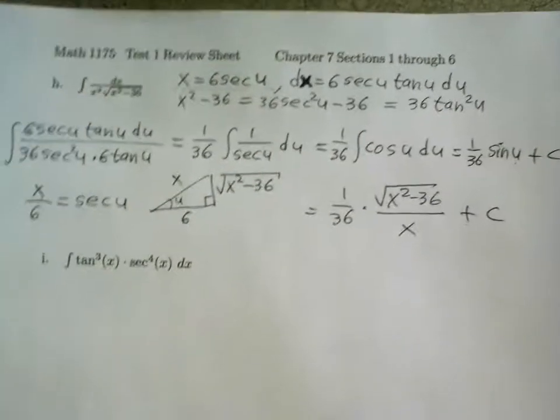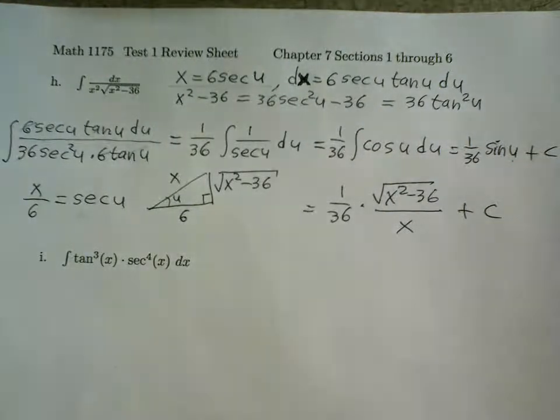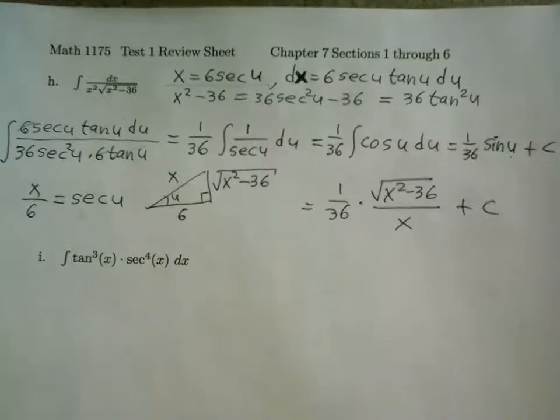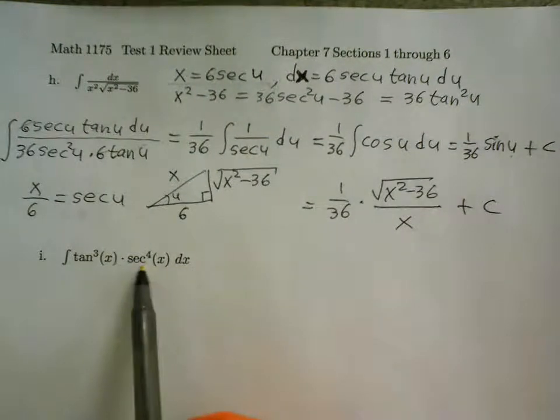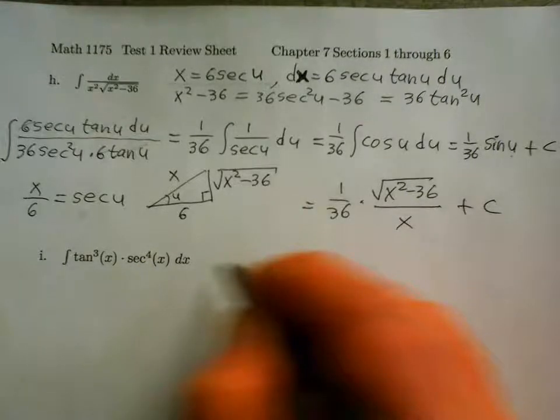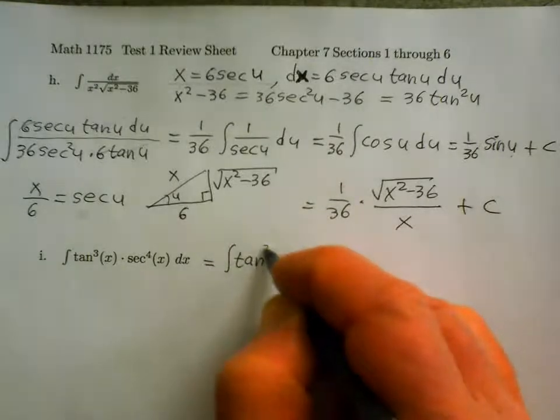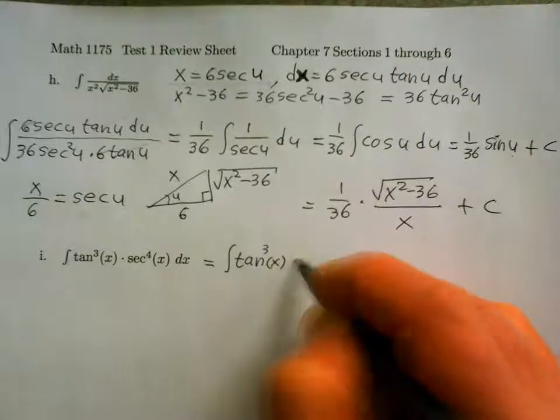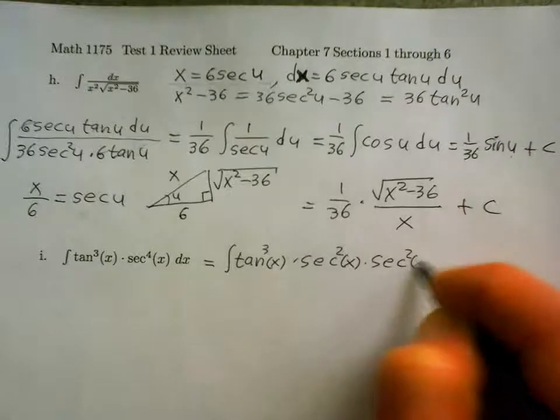Okay, the next one, part I, the indefinite integral of tangent of x to the third times secant of x to the fourth. So we'll rewrite secant of x to the fourth as secant of x squared times secant of x squared. So we get tangent of x to the third times secant of x to the second times secant of x to the second dx.